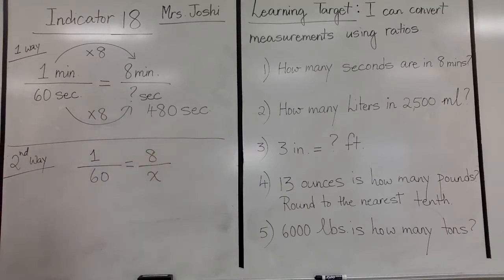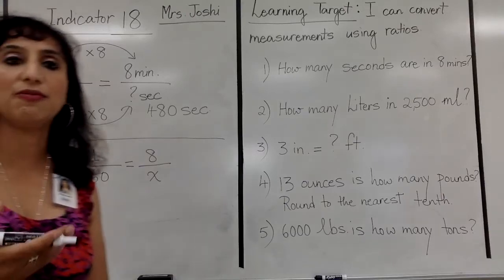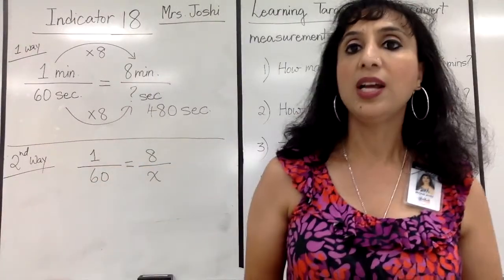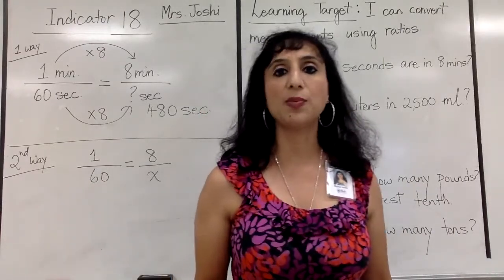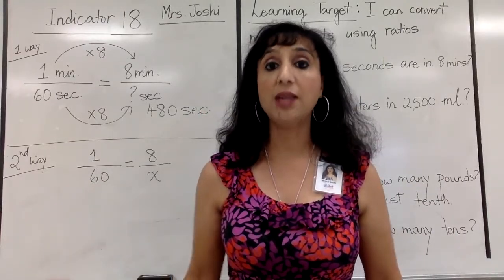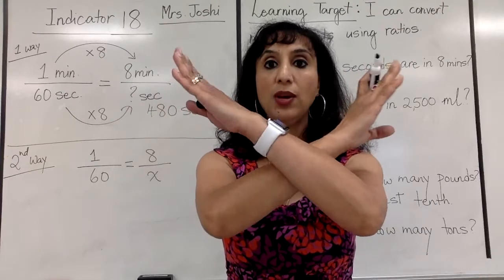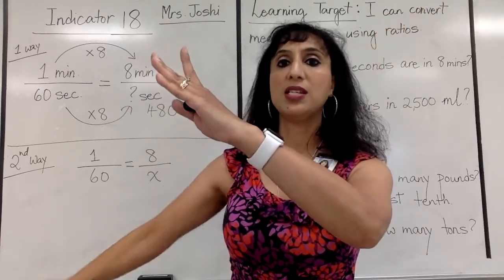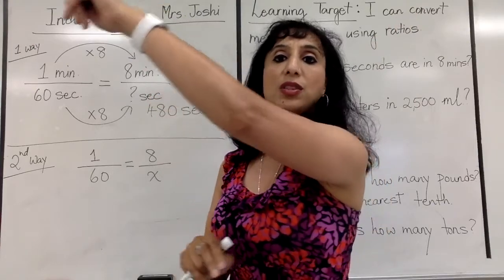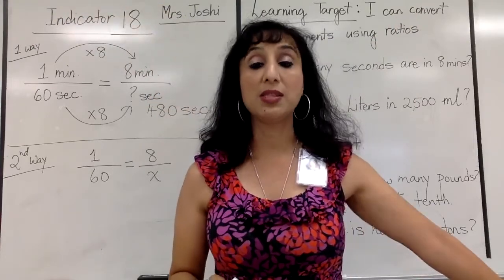We're going to write this algebraically like this because x is the variable that is standing for a number which we need to calculate. Okay, so when I say cross products in proportions, it means this numerator times this denominator is equal to this numerator times this denominator.